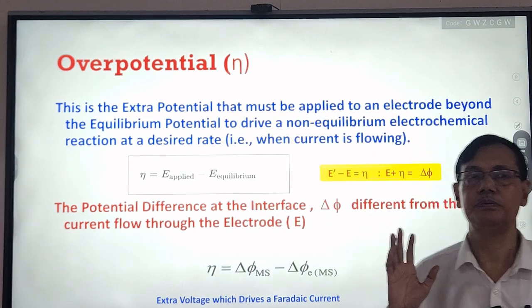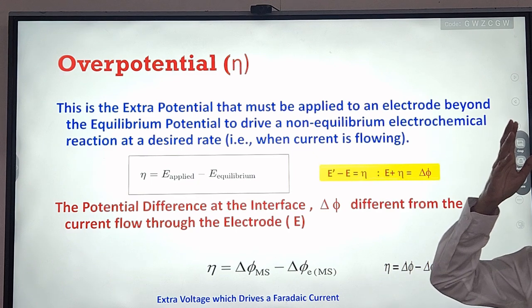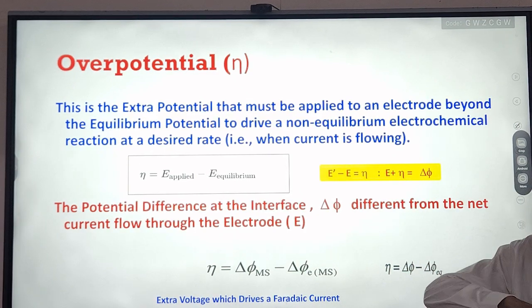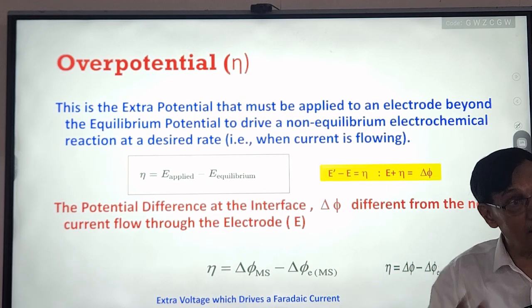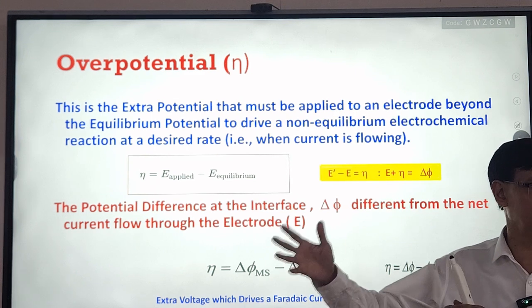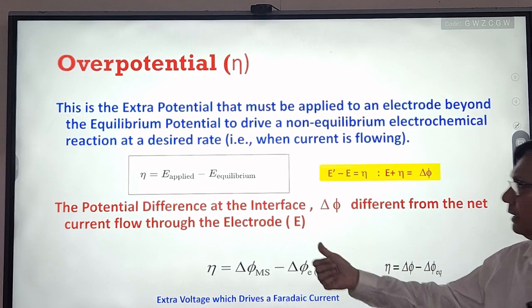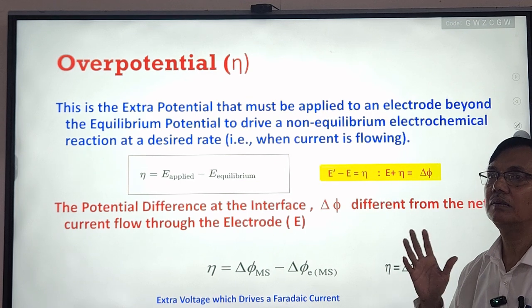Understand this also well. In old books, if you see Glasstone, Modern Electrochemistry by Glasstone, yesterday when I went through it, I saw that instead of overpotential, overvoltage is written, hydrogen overvoltage. There are different types of overvoltage, but here, because we are concerned about chemical reactions and transition state theory, activated complex, and there are various types of overpotential, concentration overpotential, activation overpotential, bear in mind, here we are using the activation overpotential.